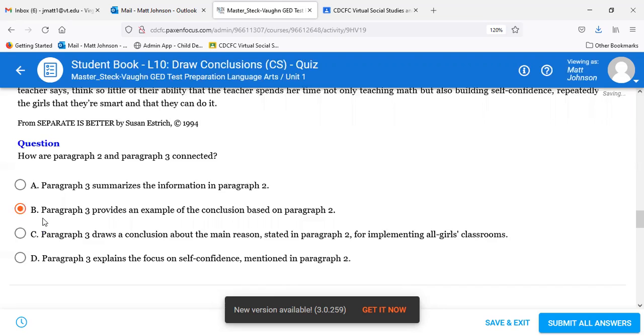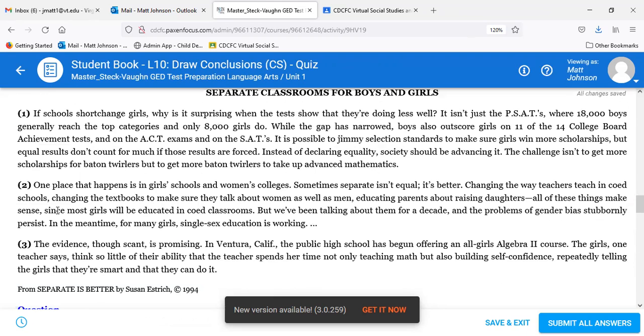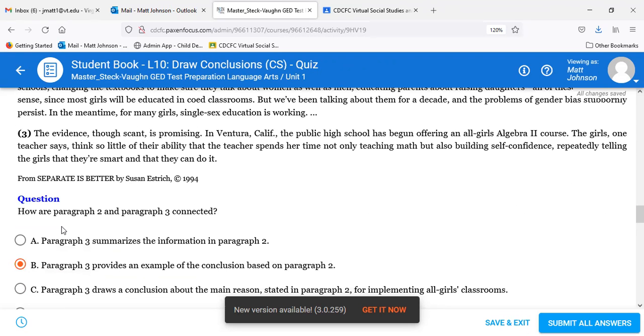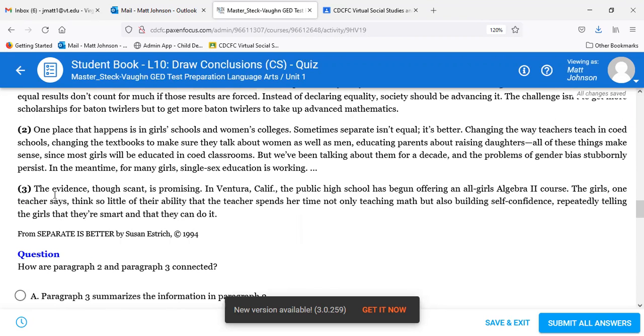So in paragraph 2, we're talking about what we're seeing at all girls schools and women's colleges, better performance particularly in math and science. And then we narrow the lens, right? And we get a single example from a Ventura, California school.